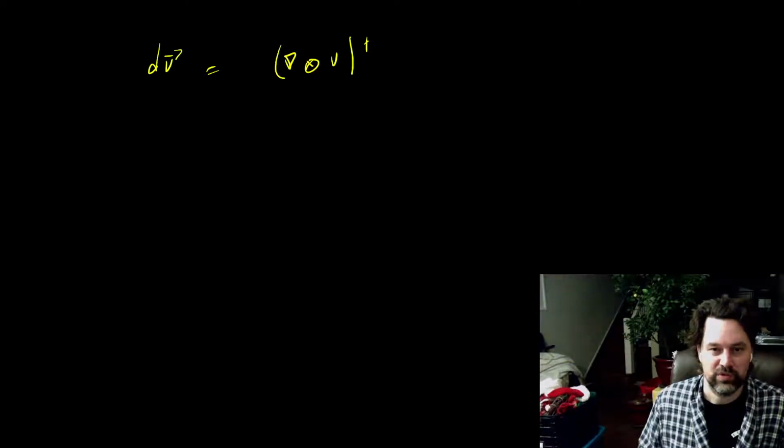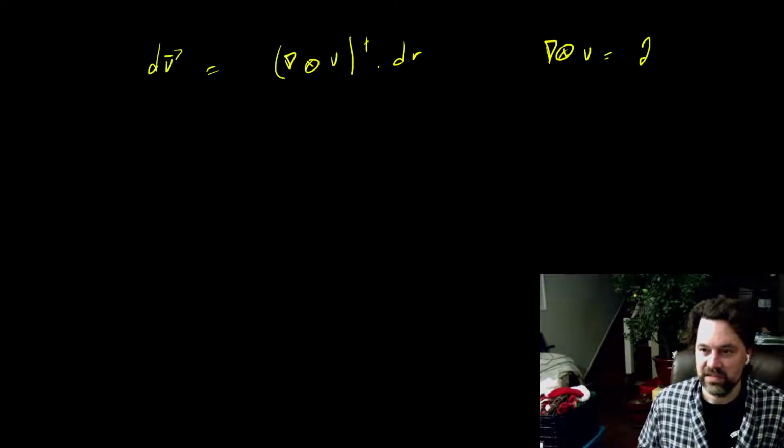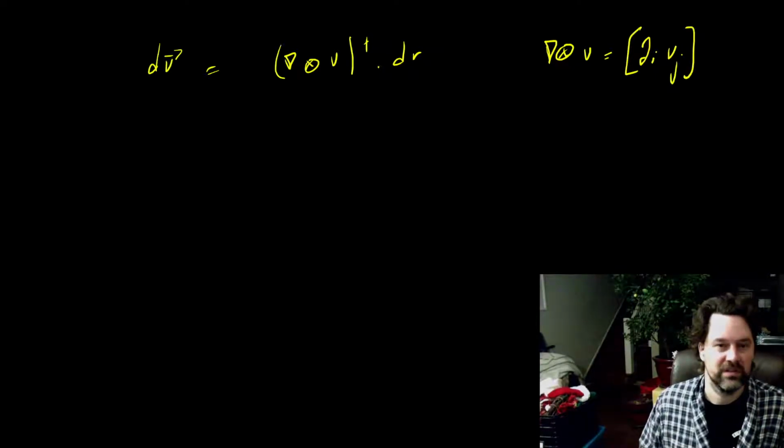So if we have dv equals direct product v transposed dr, and we're writing the direct product in matrix form as d/dxi vj, the matrix of these elements.